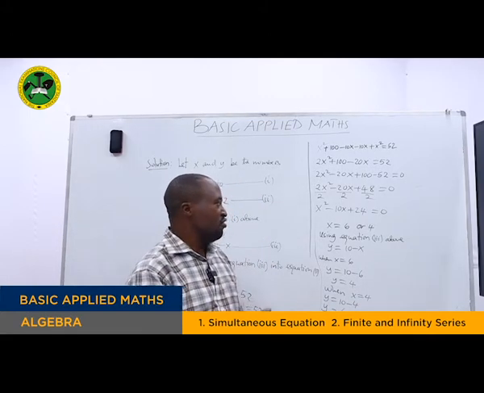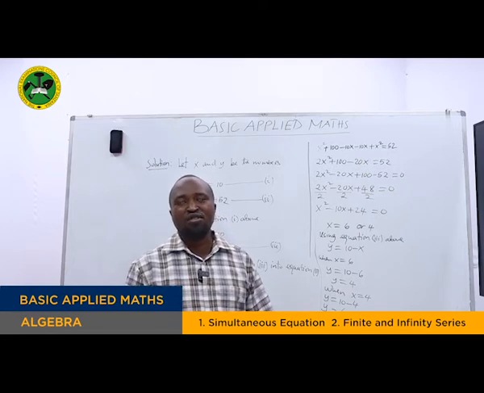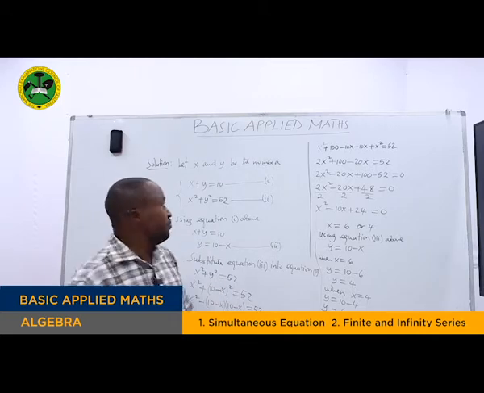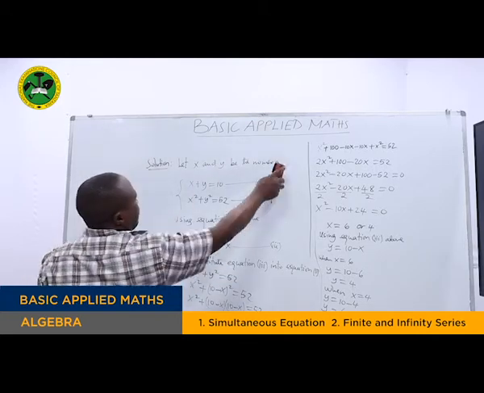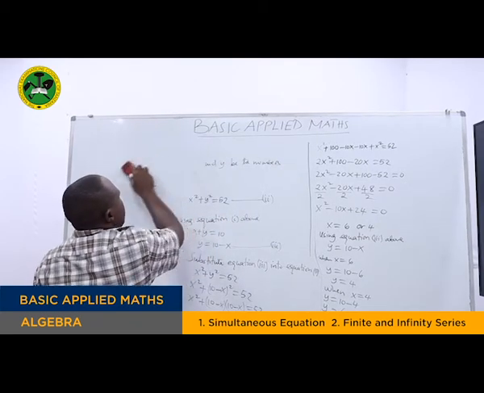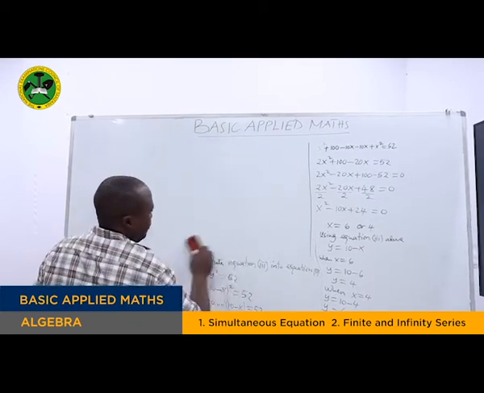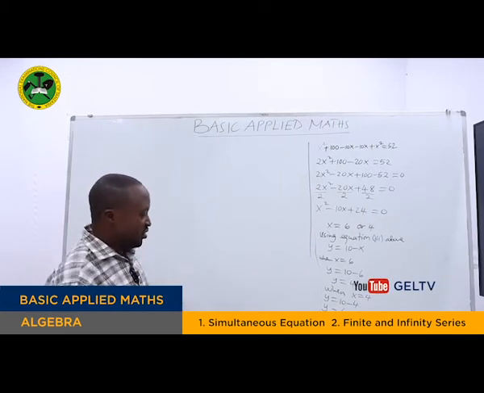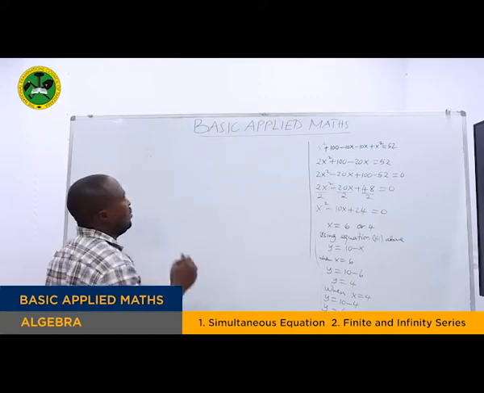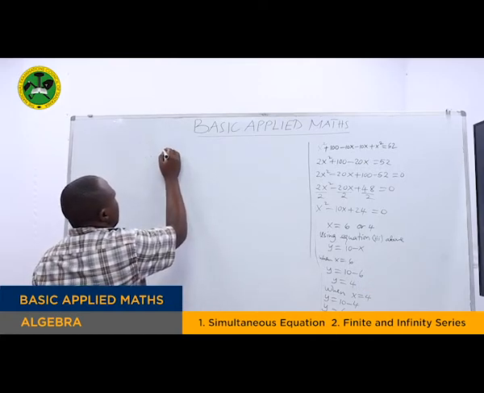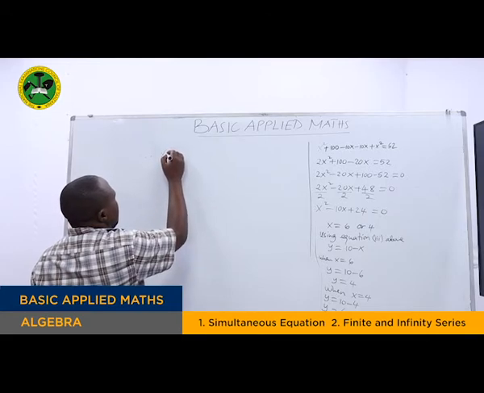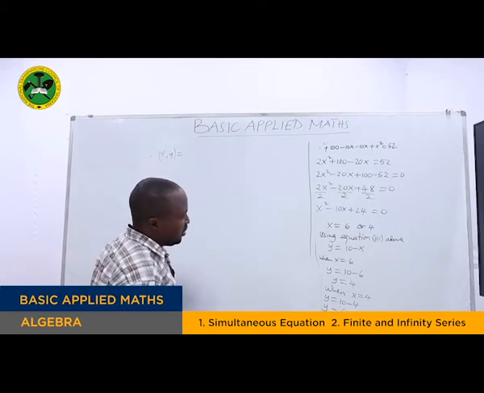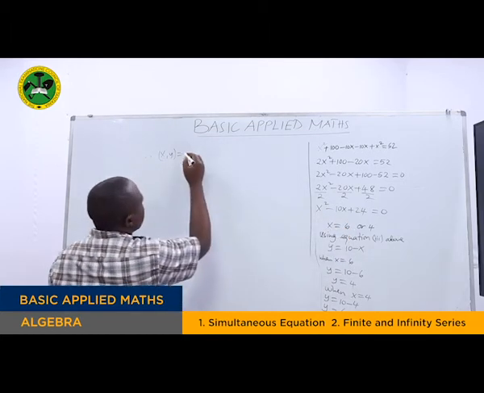Now, my dear student, we have values for x and values for y. Therefore, we can conclude by saying that x comma y is equal to, starting with the first value of x, which is 6.